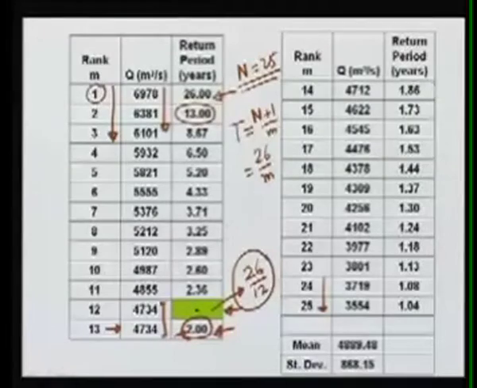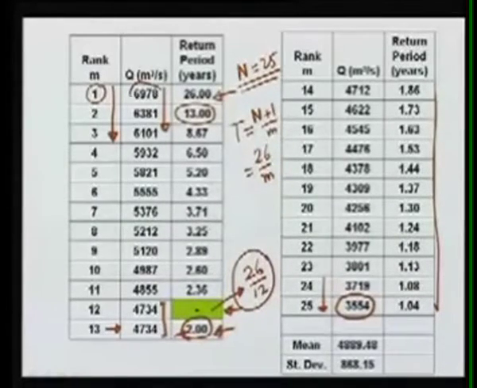So this table completes up to 25. This is the minimum annual maximum flood which has been observed, and this is the maximum. You can see it goes from about 3500 to 7000. Mean of these flows is 4889, and the standard deviation, we will be using these two in the probability distributions later on.